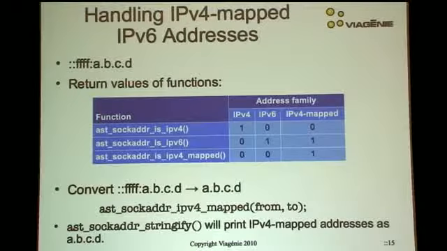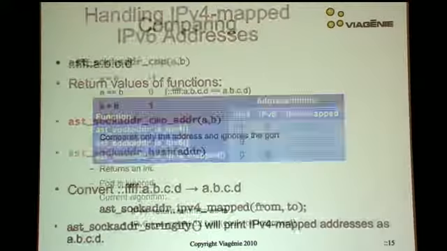We need to handle these addresses in Asterisk. So we have three functions that will be helpful to discern these addresses. And if you want to convert, we also have a function to convert from an IPv4-mapped IPv6 address to an IPv4 address. And stringify will print IPv4-mapped addresses as IPv4 addresses.